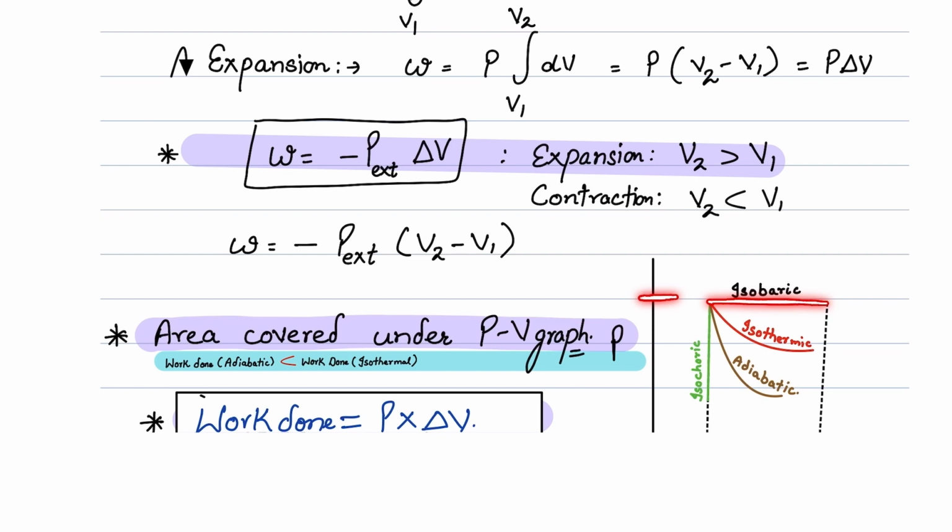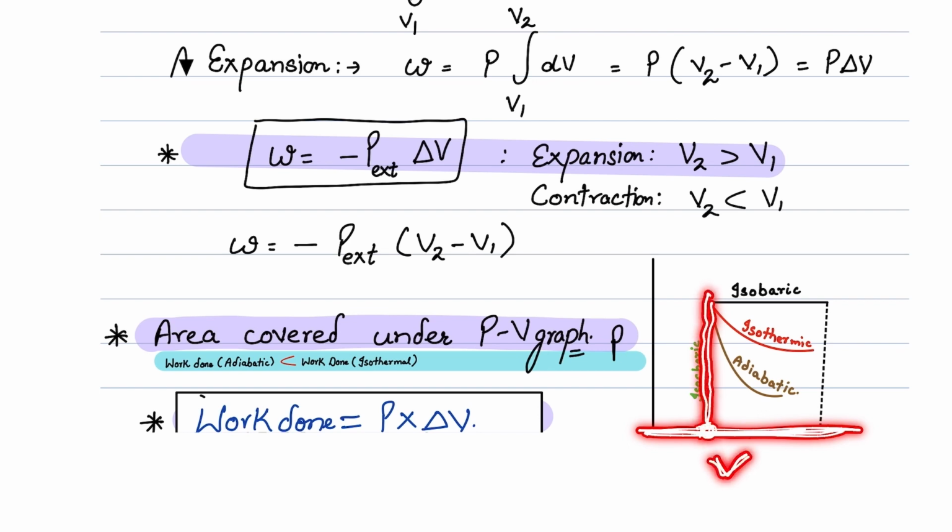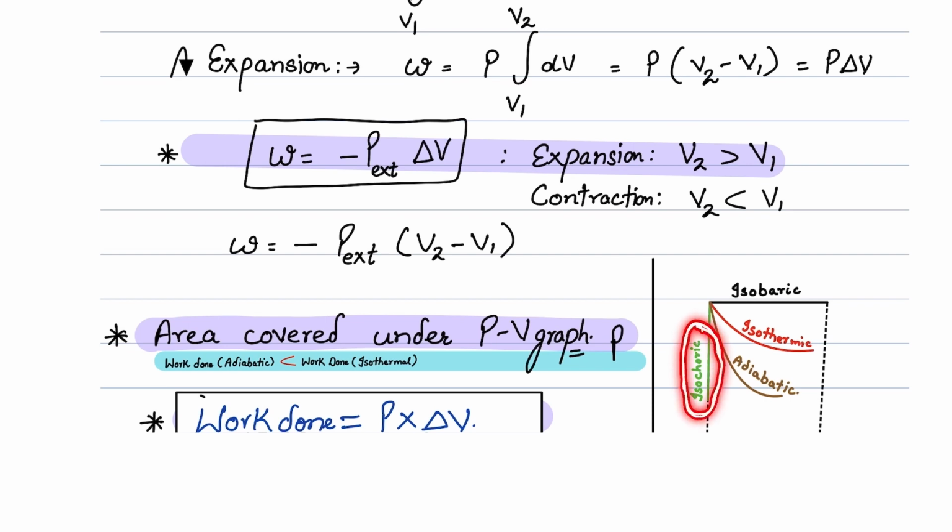So here pressure is kept constant, but the volume is changing. So this line is representing isobaric. Let us consider this green line. Here the value of V is same, but pressure is changing. So if V is constant, that is isochoric, and these two lines represent the isothermal as well as adiabatic process. Adiabatic graph is a little bit steeper than isothermal.